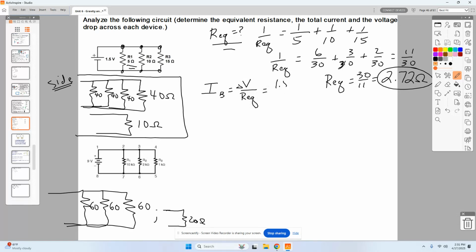I have a 1.5 volt battery and the equivalent resistance is 2.72 ohms. So if I want to get the current from the battery, I take, again, V over R, 1.5 divided by 2.72. I'm getting about 0.55 amperes.